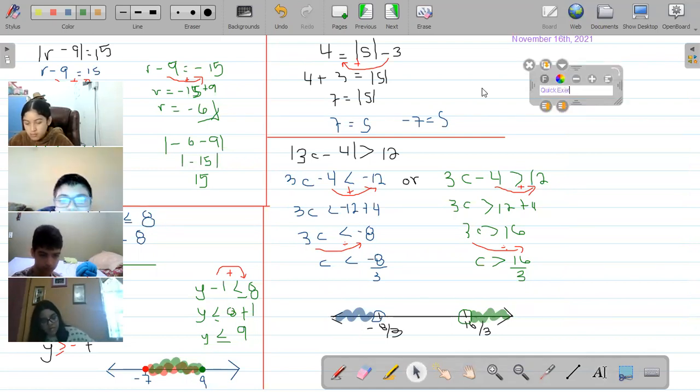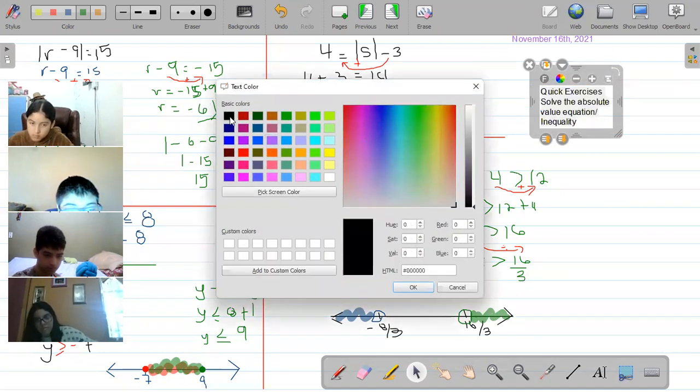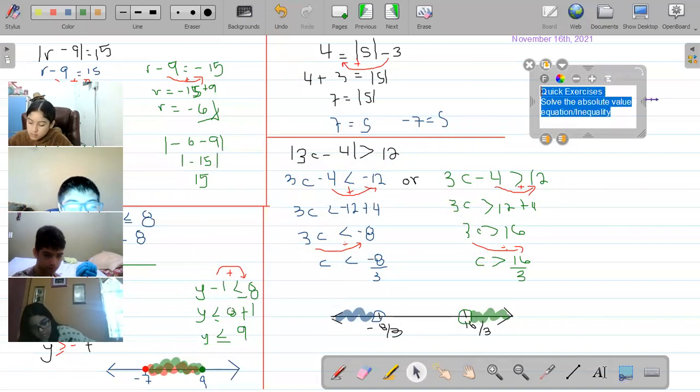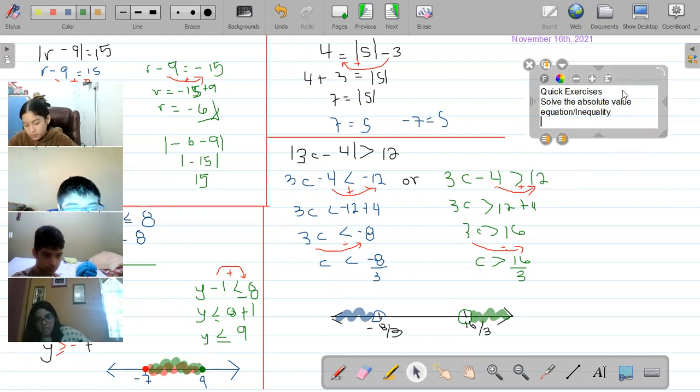And that means that you're going to have 2 extra points, okay? So solve the absolute value equation or inequality. And this will be available for you to upload all the way until 12:20, which is the end of recess, of lunch, okay?